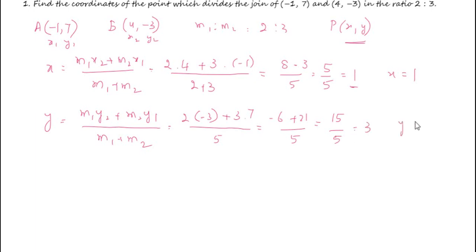So y equal to 3. Therefore, the coordinates of point P, that is the coordinates x, y, that divides the above line in the ratio of 2:3, is equal to 1, 3, or I can write it as P(1, 3).